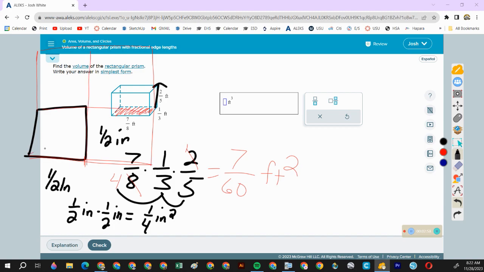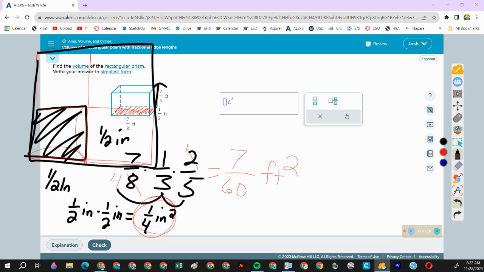A square that has a side length of 1/2 inch and 1/2 inch creates an area that is 1/4 of a square inch. So this here is 1 inch by 1 inch. So the area of this square is 1/4 of that. So if you multiply fractions that are smaller than 1, your answer is going to be smaller than the original. They're going to shrink in size. So anytime you multiply something by a fraction that is less than 1, that original something is going to be smaller.